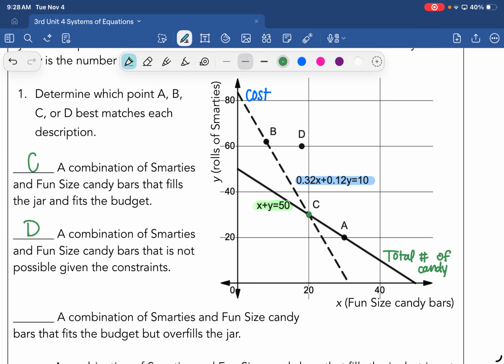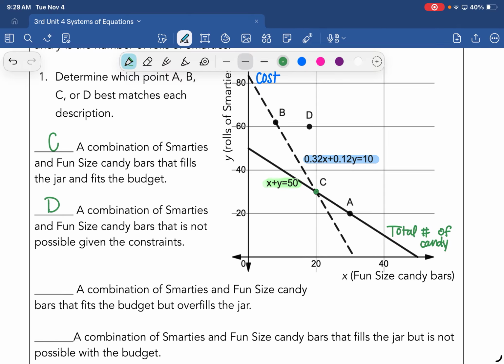Now we have a combination of Smarties and fun-sized candy bars that fits the budget but overfills the jar. Okay. Y'all were right on the first guess. What was y'all's first guess? B. Why is B right? Because the cost is higher than the amount. Yeah, the cost is on the line, so the cost is good. But it's more than the total number. Yeah. Because how many Smarties alone is in that? 60. That's a lot more than 50, right?